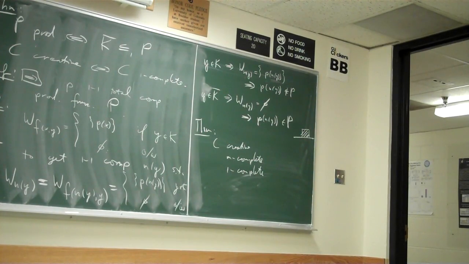I'm not claiming that all m-reductions are 1-reductions, or all 1-reductions are m-reductions, or that they can be made like that. But for this one specific degree that we're looking at, they do correspond.